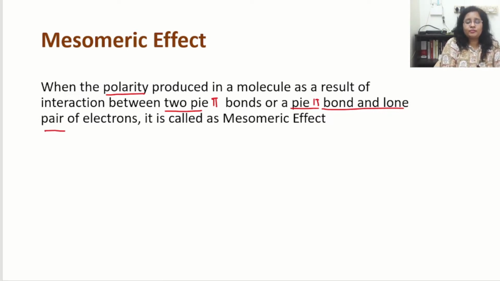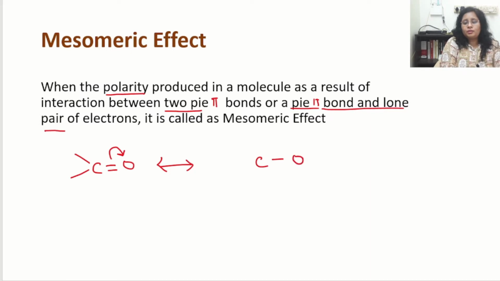So suppose we have a carbonyl group, C double bond O. This is our carbonyl group. In this, oxygen is more electronegative than carbon. So there are two bonds, one is sigma and one is pi. When the pi electrons are attracted toward the electronegative atom, what will happen?